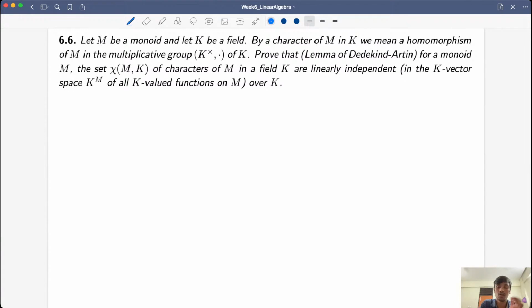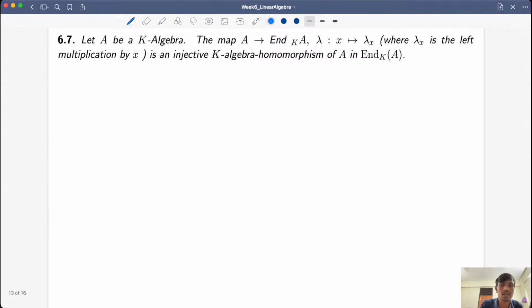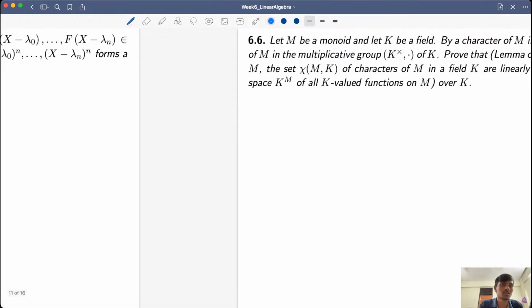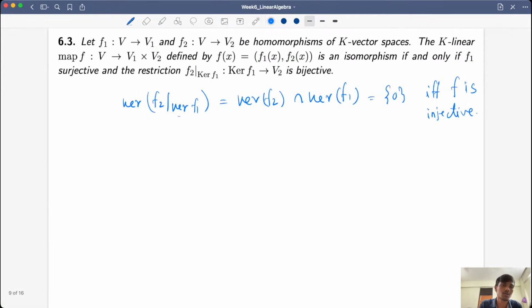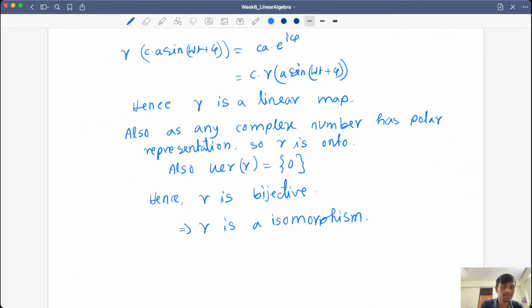In the current assignment 6 you have some problems related to this algebra thing, so I will at least write this one in the PDF, so you can find it. More about algebra maps and algebras we will probably discuss in the next tutorial.